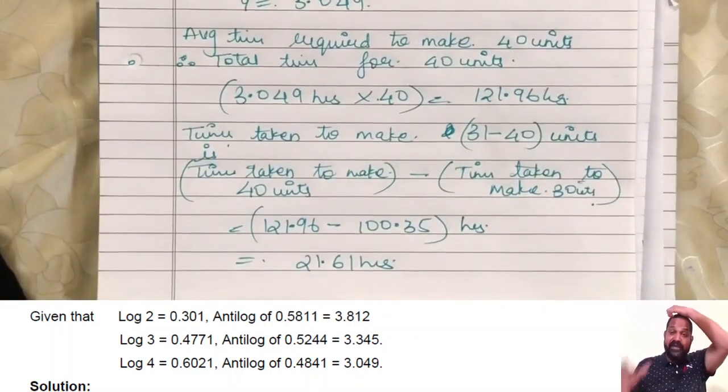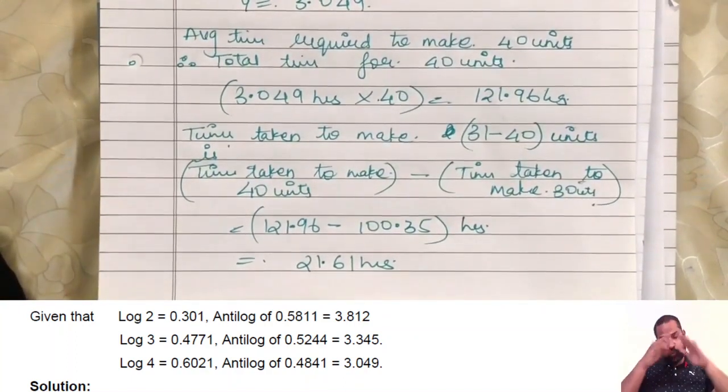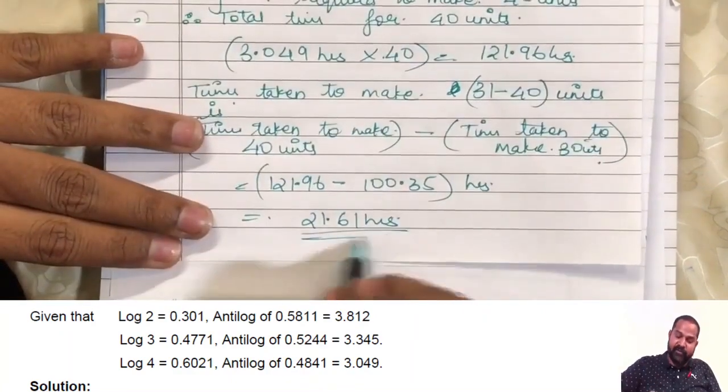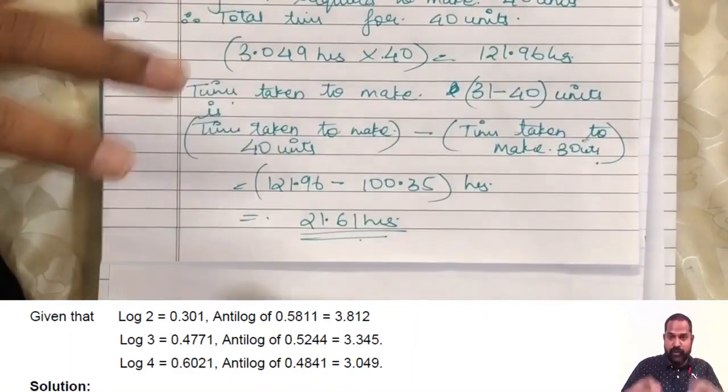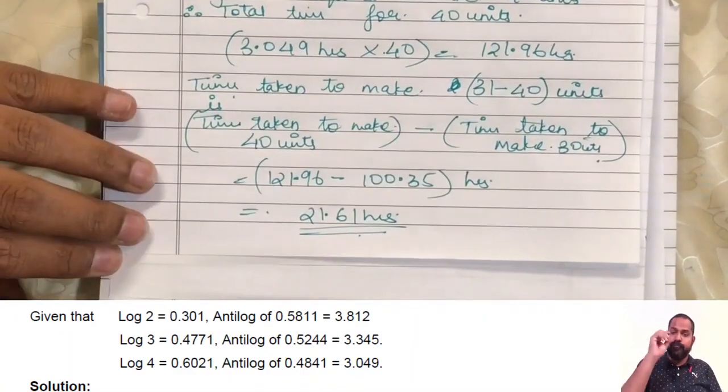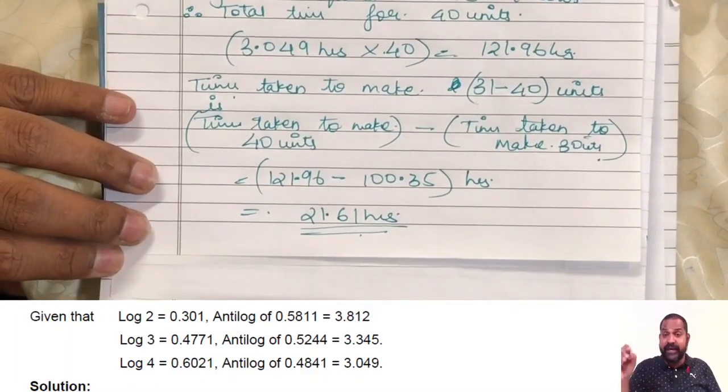Always make sure that at the end of it, you highlight this so that it's visible, and at the end of it, make sure that you write it down verbally.